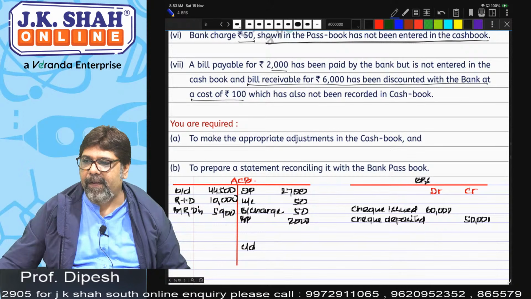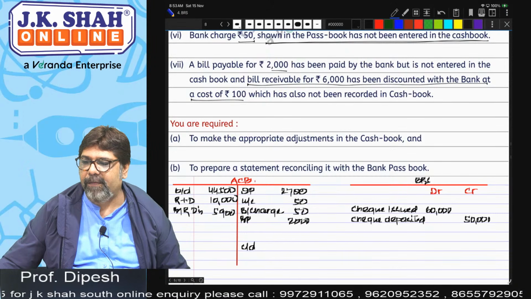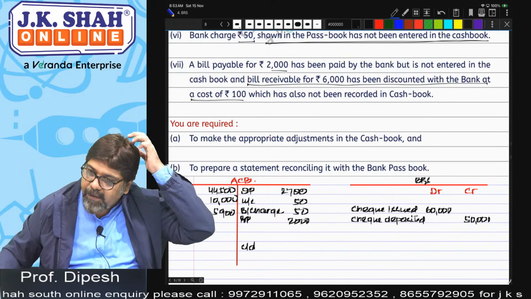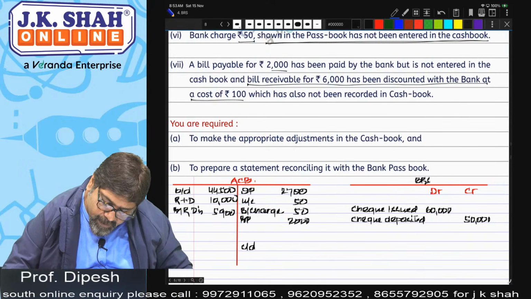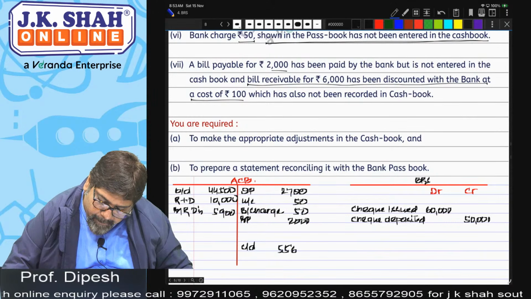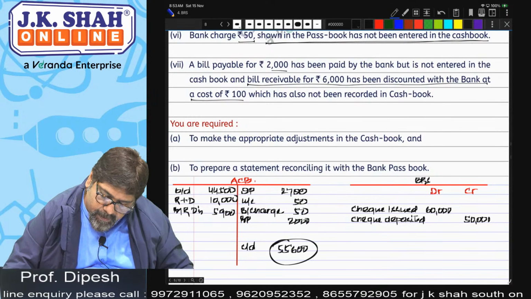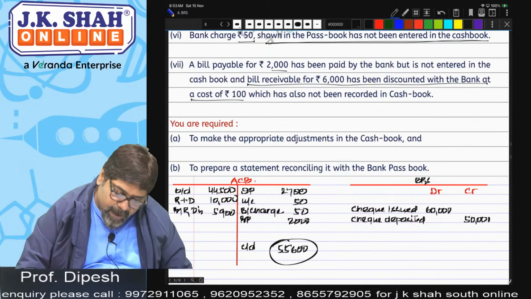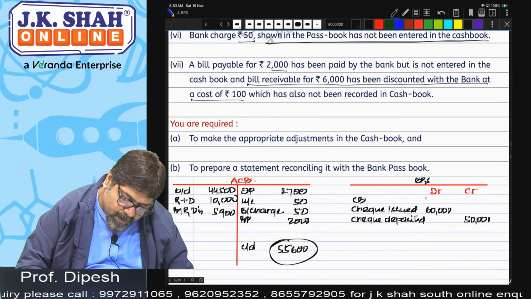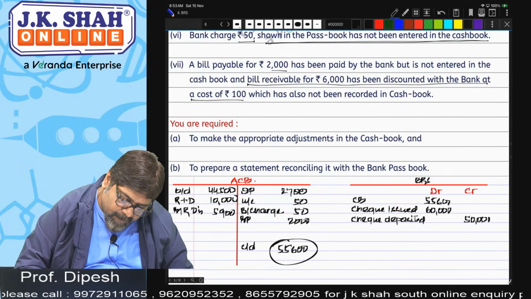Balance is 55,600. Harshit is saying 55,600. So this is the closing credit balance; therefore debit balance 55,600.